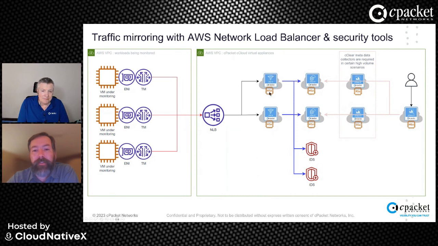These are then creating two streams, one that goes to our C-store, and a second stream that goes to some security tools for inspection. So this is what you would expect, having a lot of these VPCs on the left where traffic mirroring is turned on, targeting a network load balancer, and then having a centralized monitoring environment with the cPacket tools.